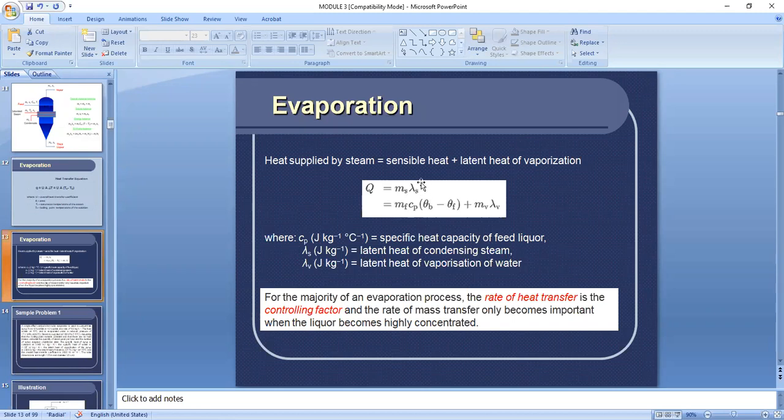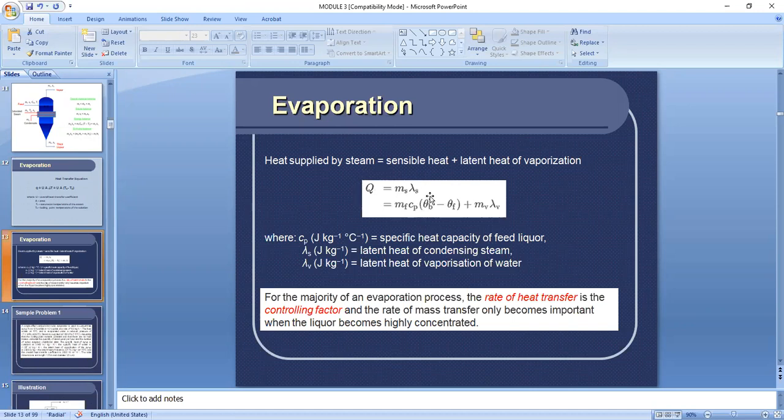Oftentimes, we don't have any problem with this because we can get the lambda s from the steam tables. But it is also equal to the sensible heat and the latent heat of vaporization. Oftentimes, all of the evaporation problems allow us to determine the Q based on ms lambda s.